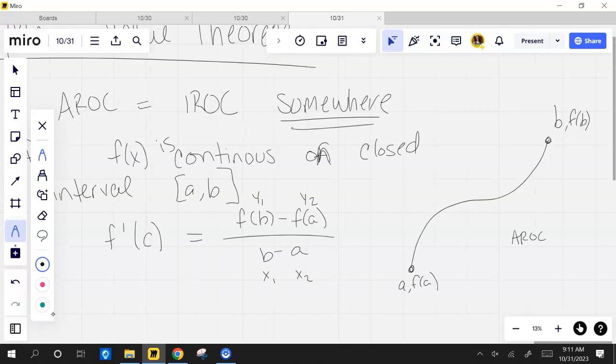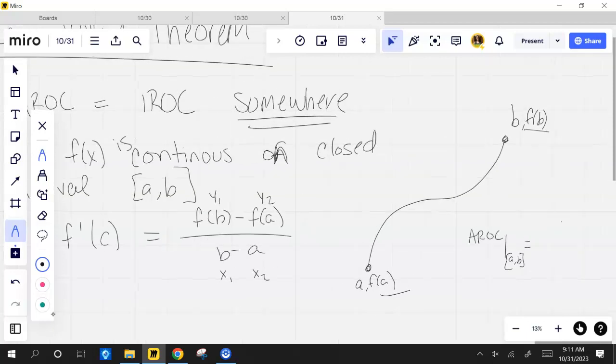The average rate of change on the interval AB is going to be, subtract your y's. Remember, this is just calculus making it a funny way of looking at what's really just slope. This is the slope between these 2 points, yes?